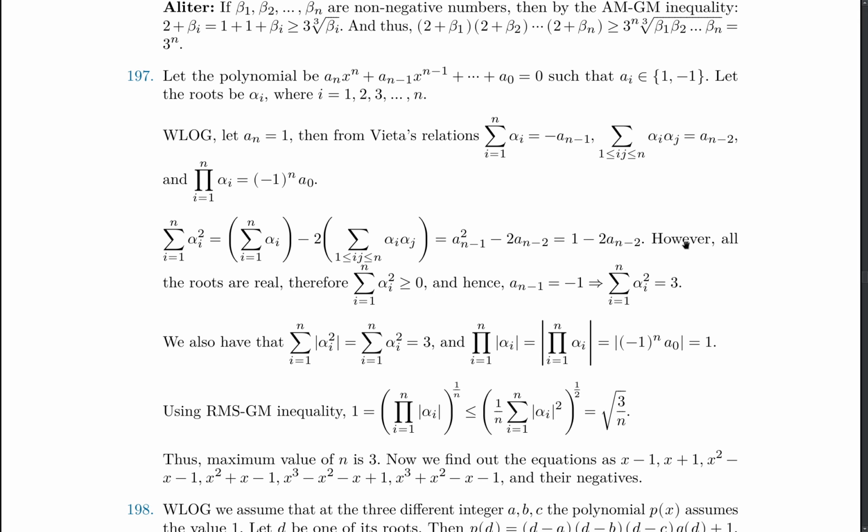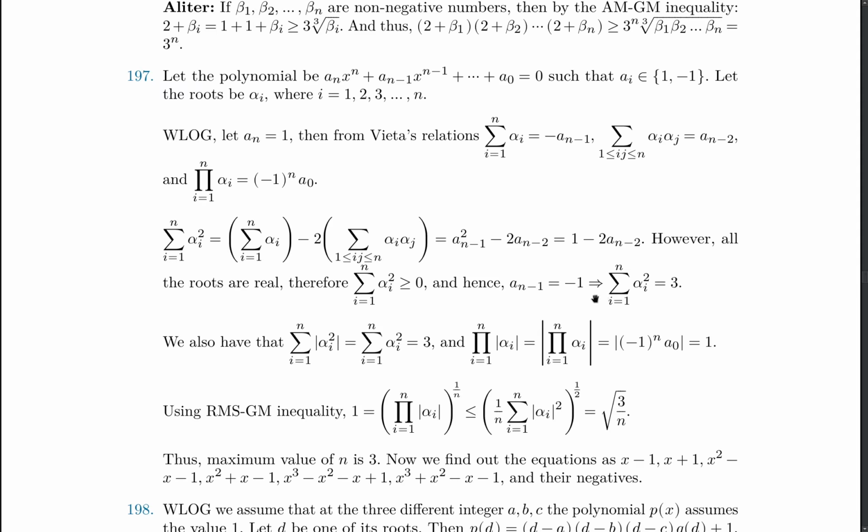However, all the roots are real, therefore sigma alpha i square is greater than or equal to 0, and hence a_(n-2) is equal to minus 1. So from here we conclude that a_(n-1) is plus or minus 1, so its square would be 1. From here it has come.